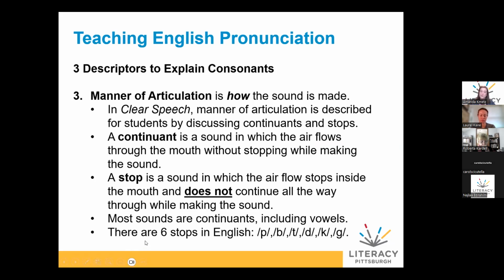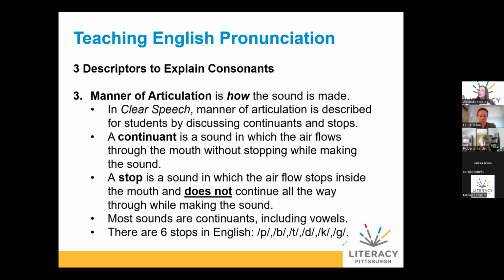The only stops we have, there are 6 of them in English, and these are P, B, T, D, K, and G. And anytime you see the letters written in between these slashes like this, like I have them on the last line of the slide here, that means it's the International Phonetic Alphabet symbol for that sound. So it's not just the letter. Some of the sounds are the same as letters that we have in English, but here these slashes mean that it's the IPA, it's the sound.